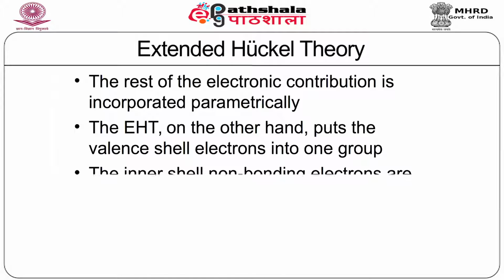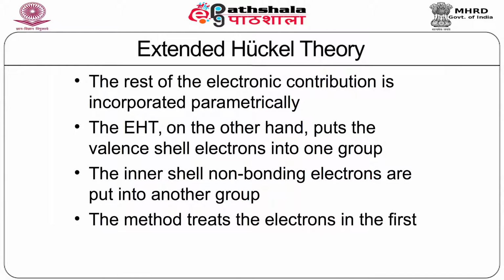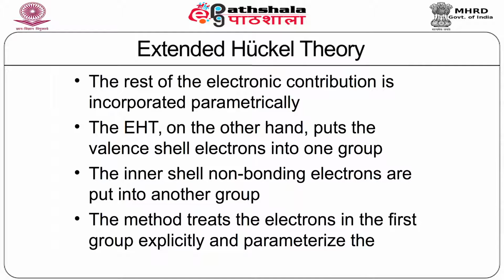The extended Huckel theory, on the other hand, puts the valence shell electrons into one group and the inner shell non-bonding electrons are put into another group. This method treats the electrons in the first group explicitly and parameterizes the effects of the rest.